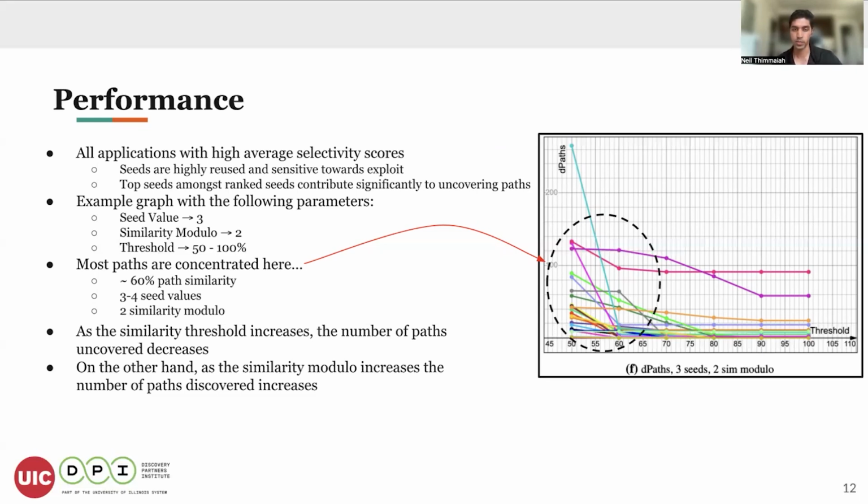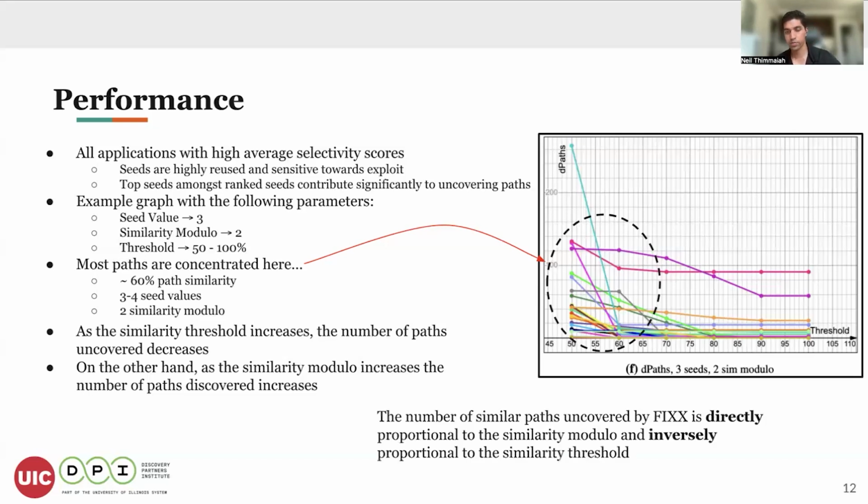However, in our approach, we limit the similarity modulo to 2 and the threshold to around 50 to 70, so that we're able to obtain paths that are similar, but not leading into false negatives. So we conclude that the number of similar paths uncovered is directly proportional to the modulo and inversely proportional to the threshold.